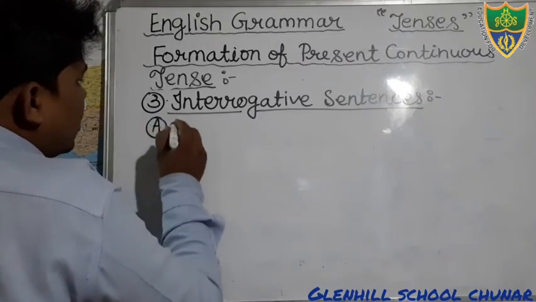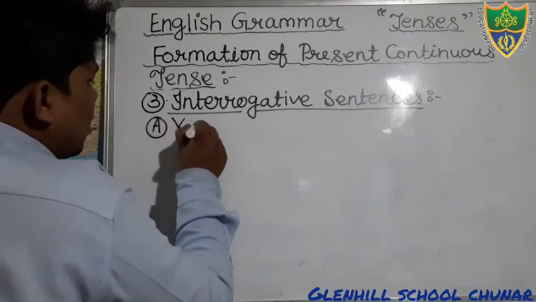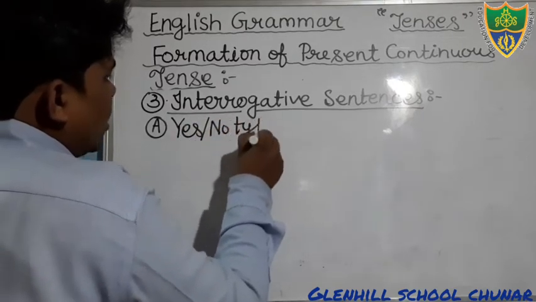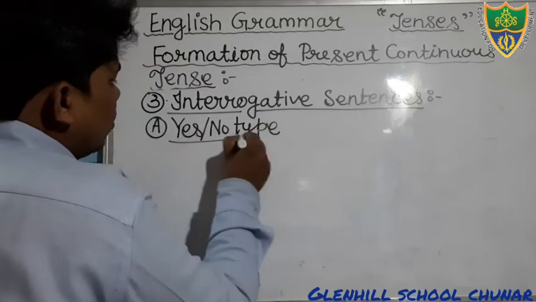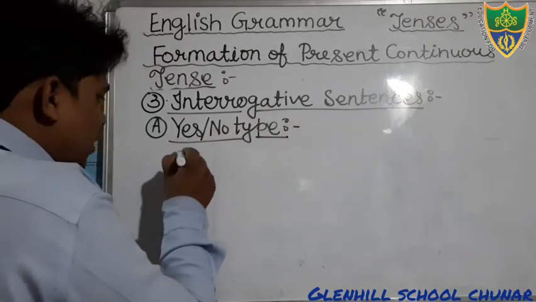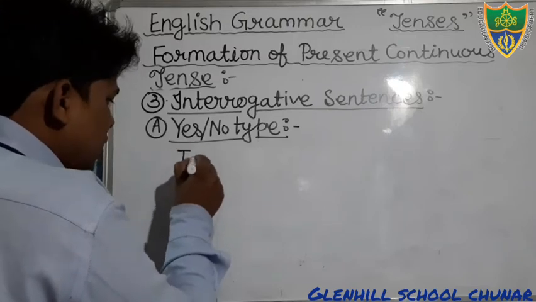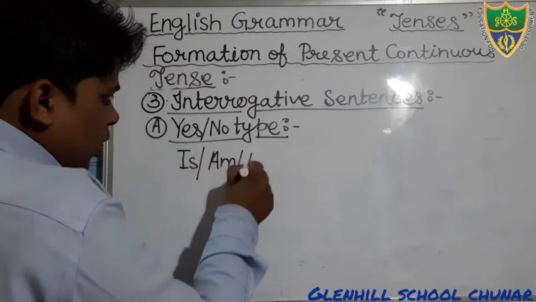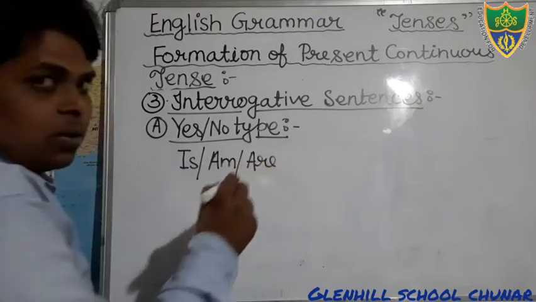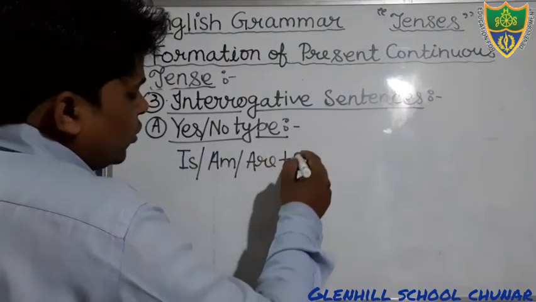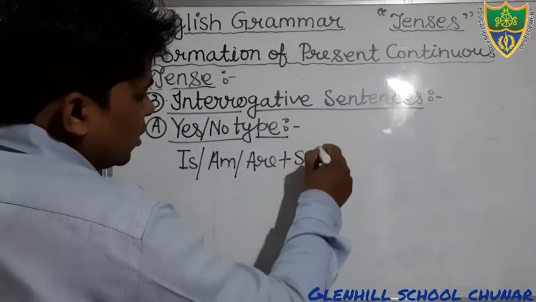Okay, S-no type structure. Just see here, S-no type of interrogative sentence always starts with the helping verb is or am or are. And then after we will use the subject.